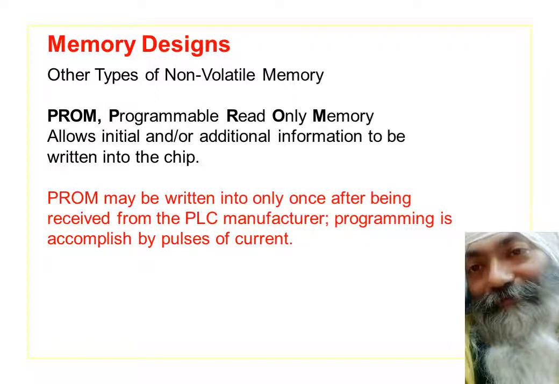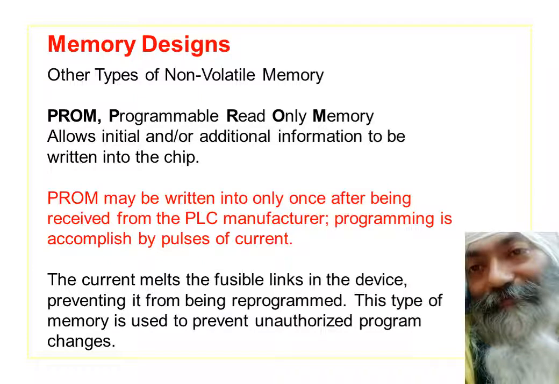This programming is accomplished by pulses of currents, and the currents are such that they melt the fusible links in the device. So it can be programmed in the field, but it cannot be reprogrammed. That is why it is called PROM, the memory which is written in the field, but it cannot be erased. Once it's written, it's there forever.